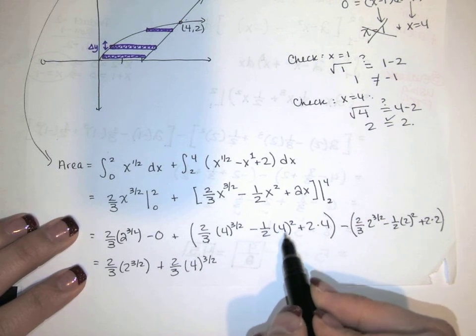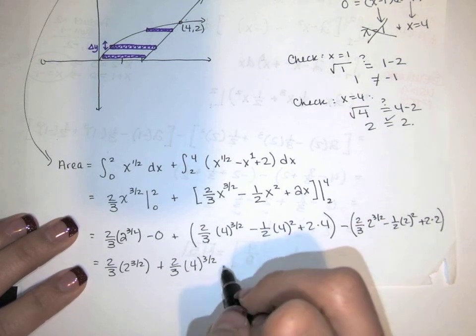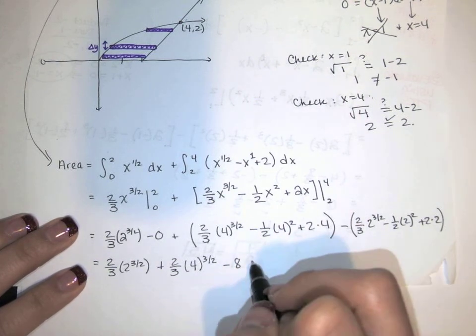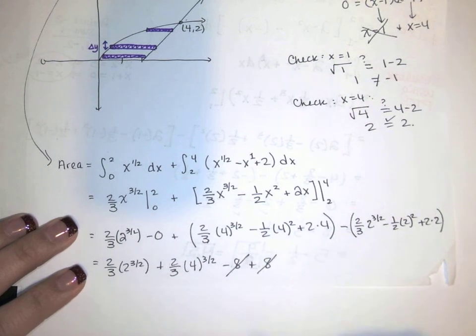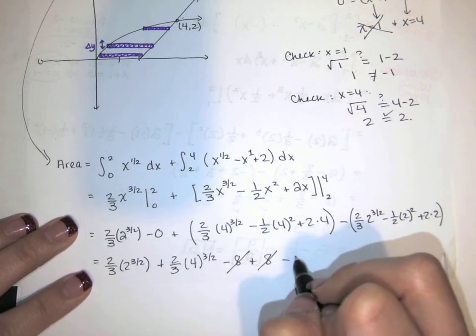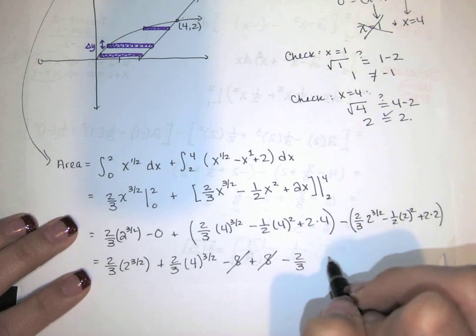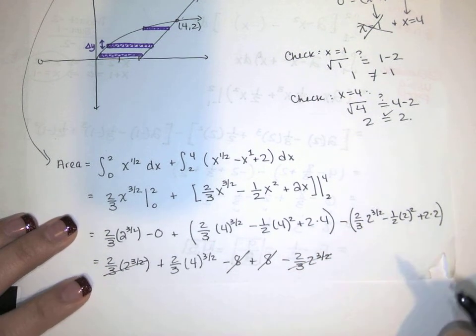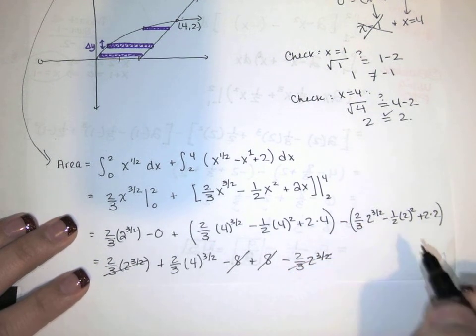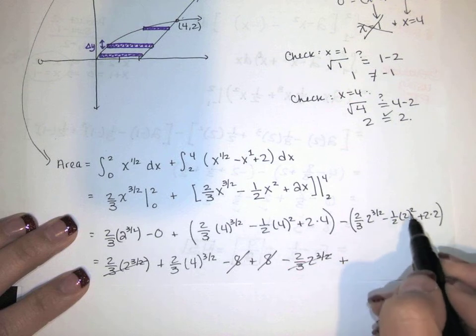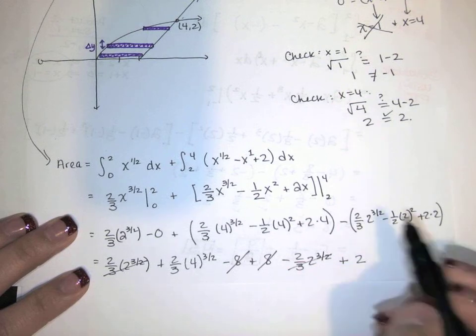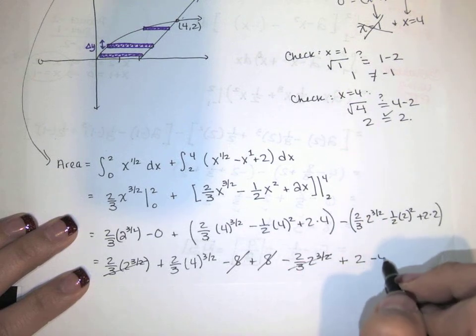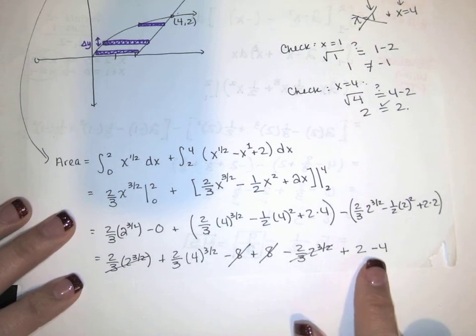I've got 4 squared is 16, half of 16 is 8. And we're adding 8 there, so the 8's reduce and those are gone. And I have minus 2/3 of 2 to the 3/2. Hey, that cancels with that one. And I have minus a minus, that's going to be a plus. Half of 4 is 2. And we're subtracting 4 as well. Okay, so this is our answer.